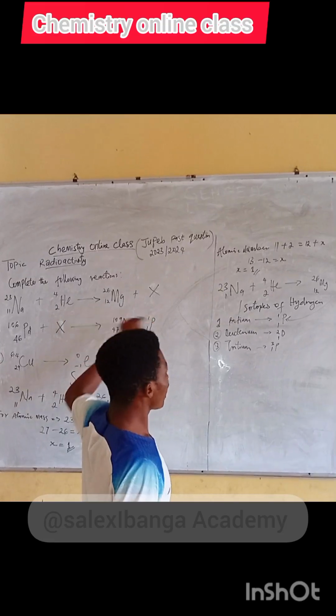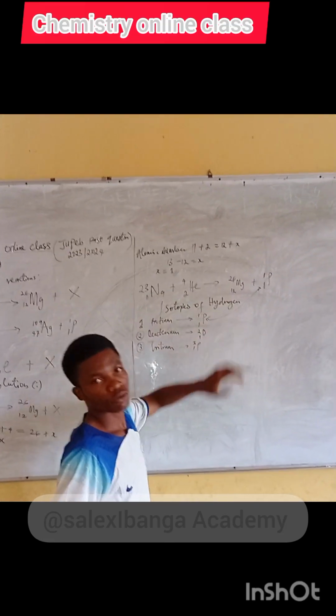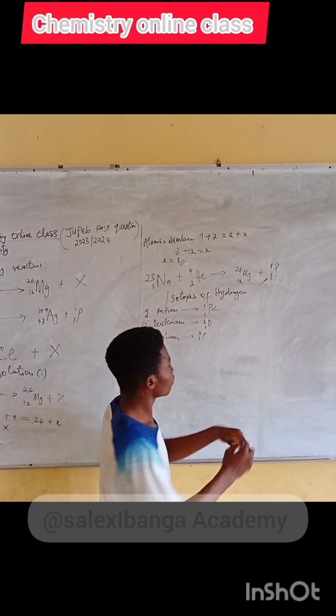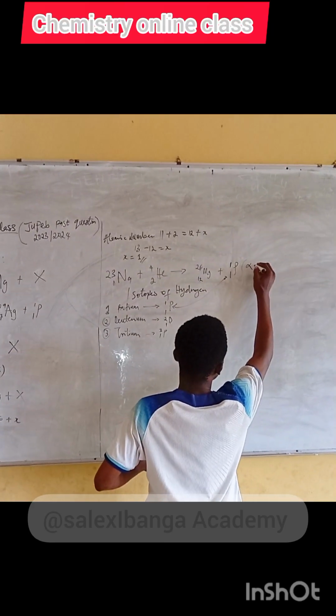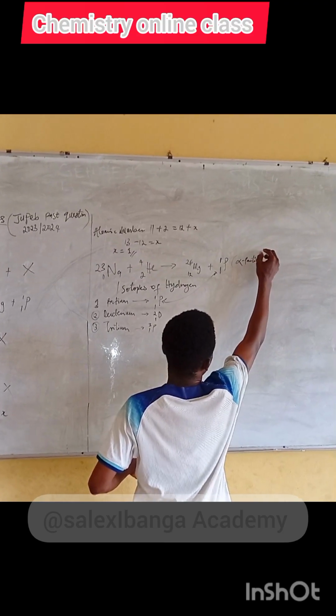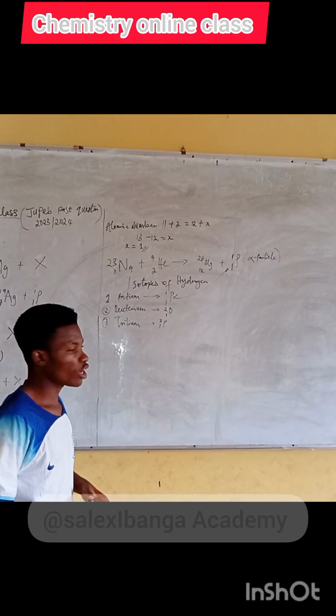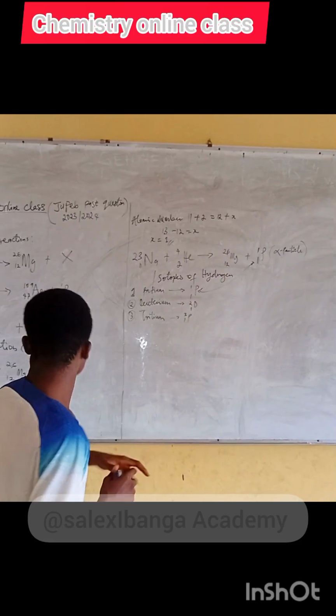This reaction is called an alpha particle reaction. Because of the presence of helium, it's called an alpha particle. So now people, let's take the second one.